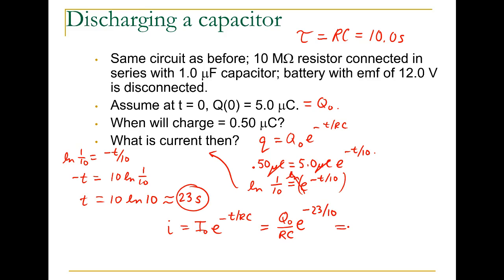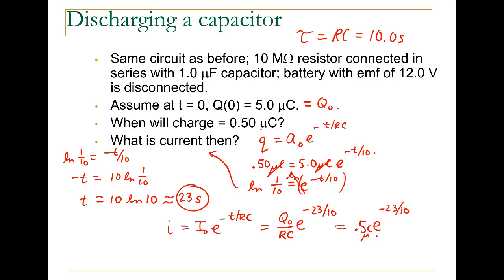Okay, so Q naught is 5 microcoulombs, but the time constant is 10, so it's going to be 0.5 e to the minus 23 over 10. And that's going to be microcoulombs, so whatever we get for this current is going to be in terms of microamps, if I'm doing my math correctly here.